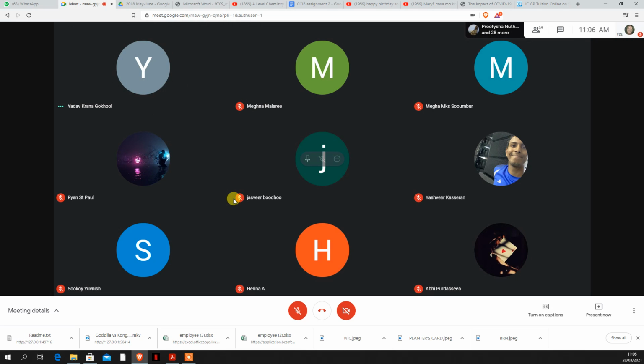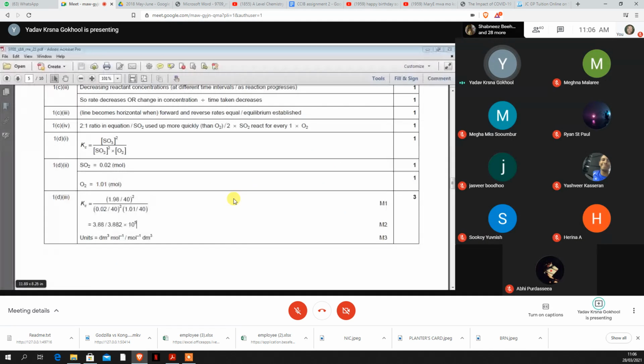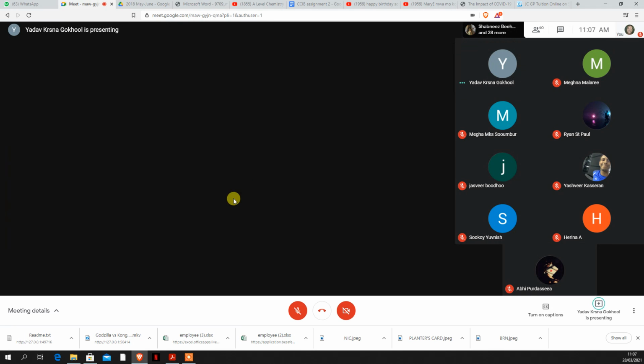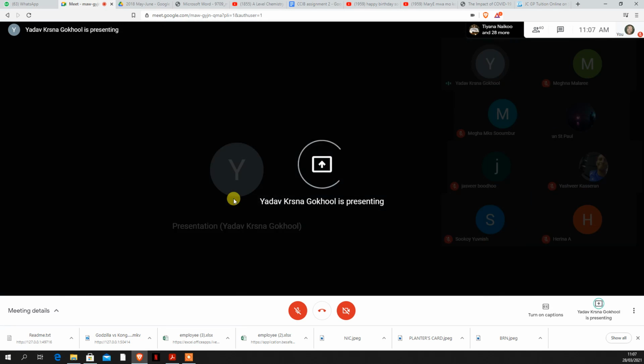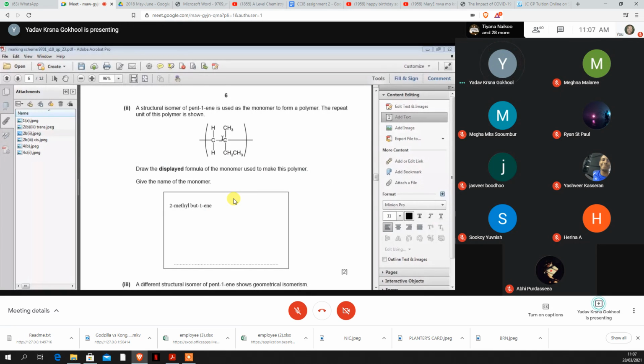Now, so that compound, when you place it over here, it becomes 2-methylbutene because you have to count the longest number of carbon atoms. 1, this becomes 2, this becomes 3, and this one becomes 4.